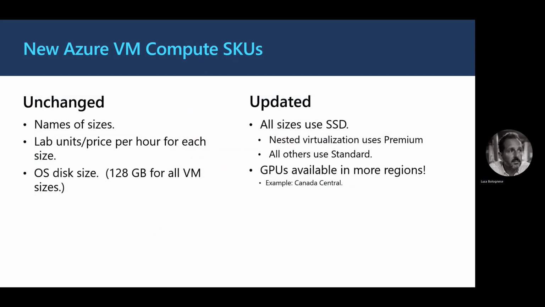Things that are unchanged are on the left, as you would expect. All sizes are SSD, with premium disk for nested virtualization and standard for the other, and GPUs available in more regions if you ask for them. Remember to ask for them before you run your class by hitting the button to request more cores.